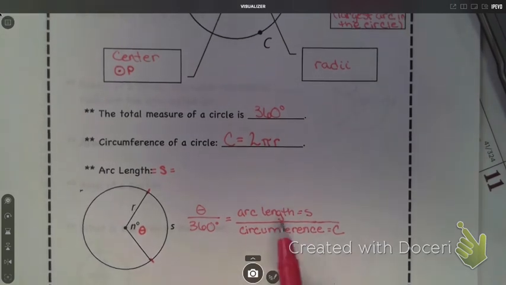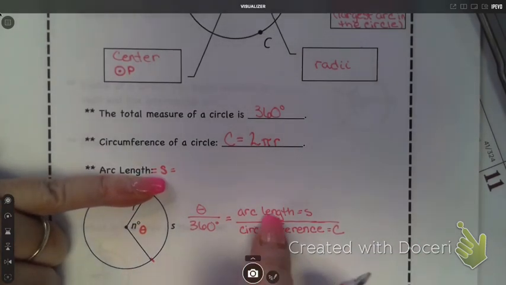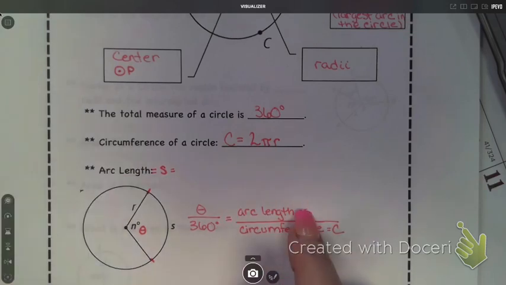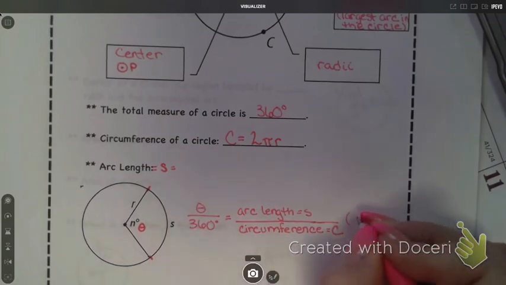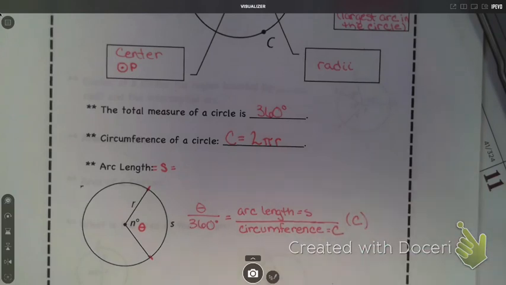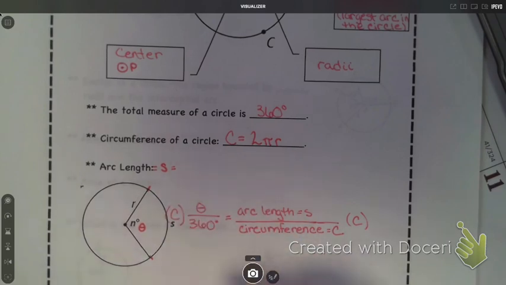Okay, so if I'm going to find the arc length right here, that means I need to solve for S up here. How do we solve a ratio? We multiply by the denominator, the circumference, yes? So we multiply both sides by the letter C. Is this the same math we did last unit, solving those ratios? Yes.